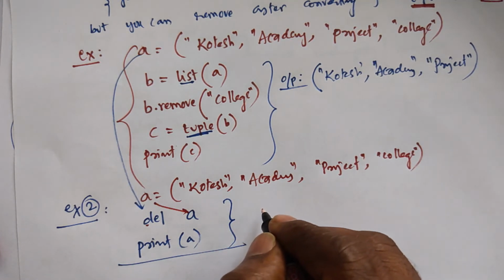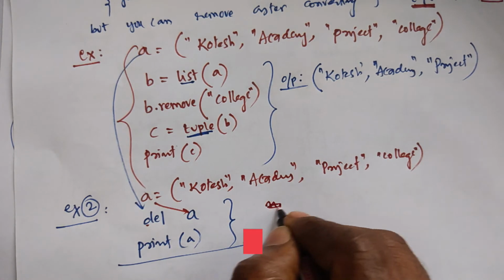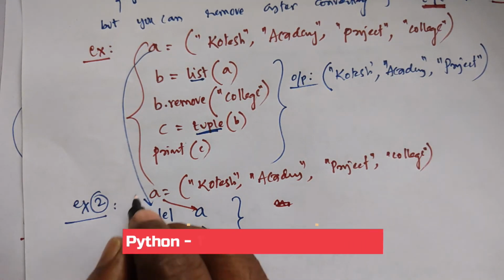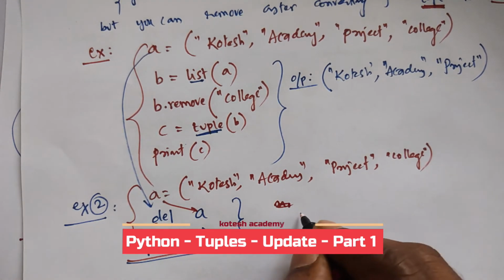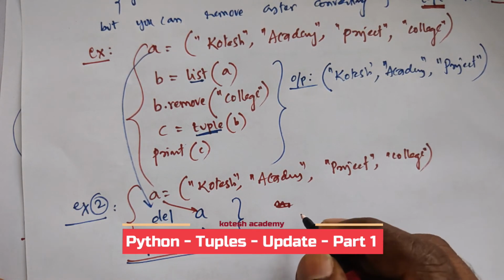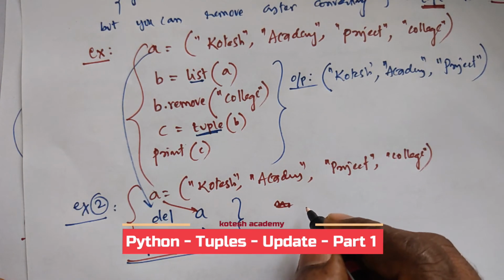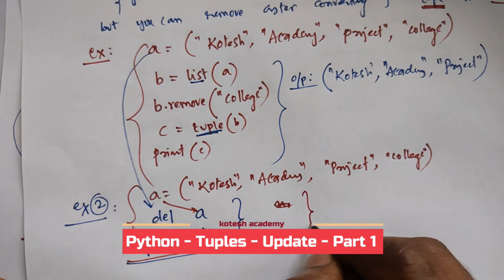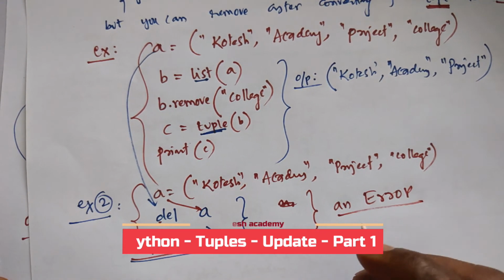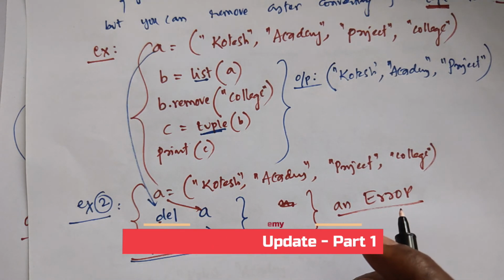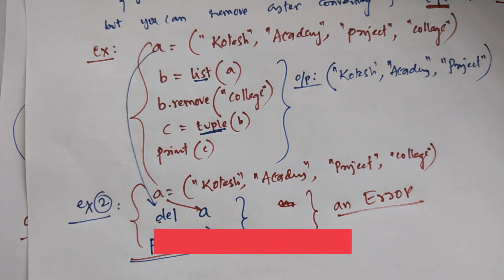After removing this the tuple no longer exists, so the result will not execute. Okay. You will get an error: this will raise an error because it no longer exists. Okay. Thank you.